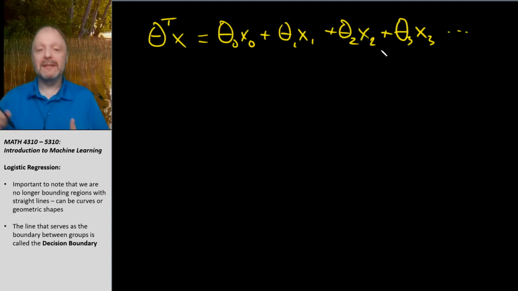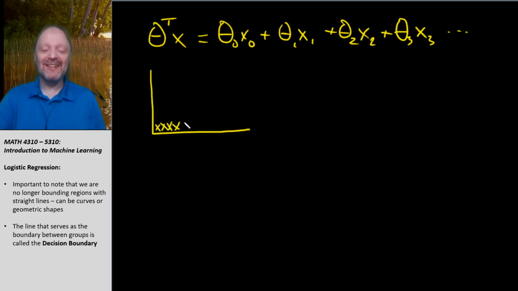But what's happening in logistic regression is something completely different. In logistic regression, we are going to have two sets of data. Hopefully the data is really nice. You're never going to have data that looks like this, ever, but we'll hope. In the best world, we'll have something that looks like that.